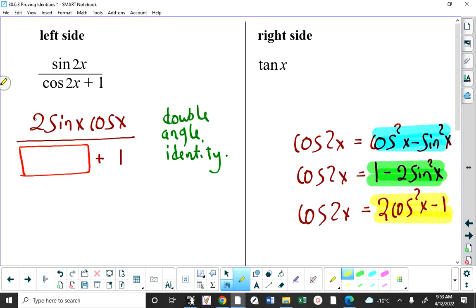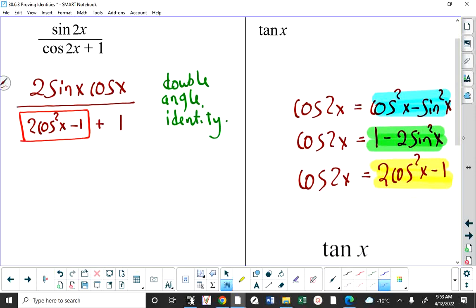The yellow one. Because I'm going to have 2 cosine squared of x minus 1, but then I'm adding 1 and they go away. Now, I am going to address what you said, but I want to finish this thought first. So what this becomes, and by the way, that substitution to get here is still a double angle identity.